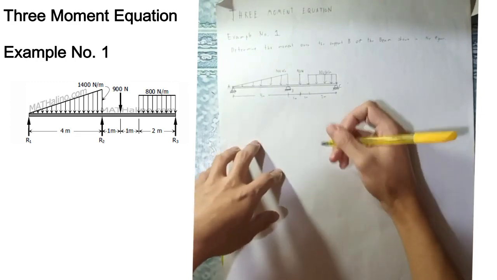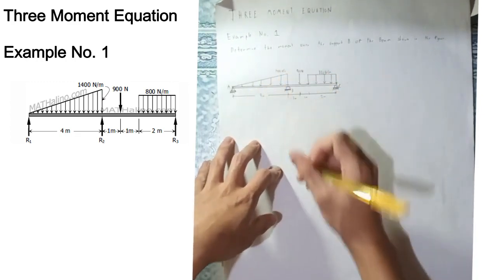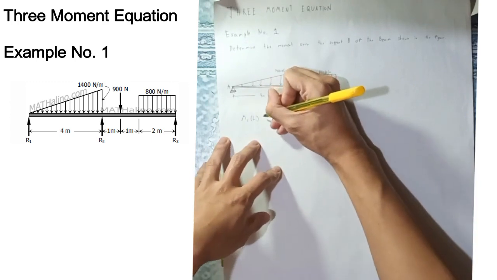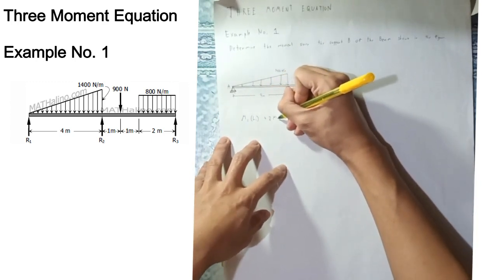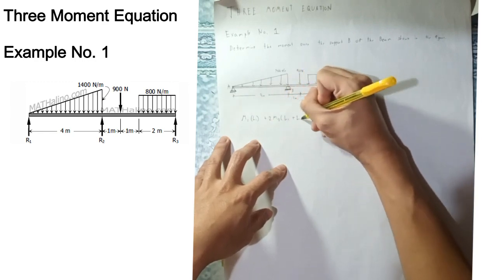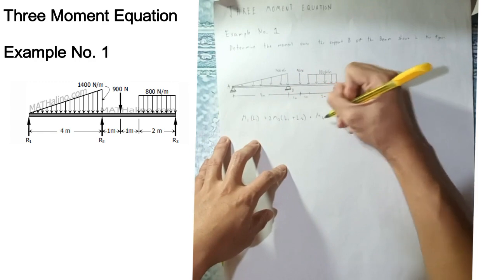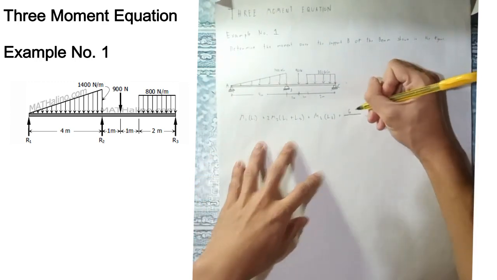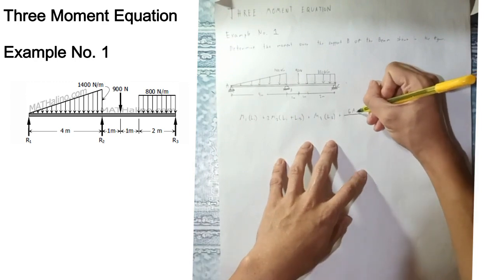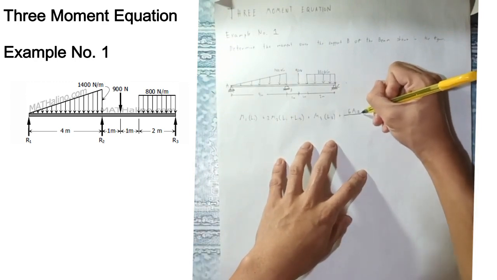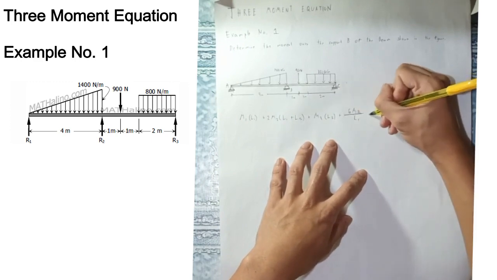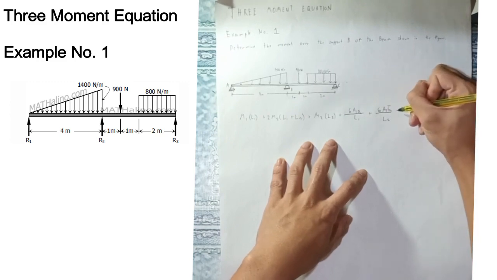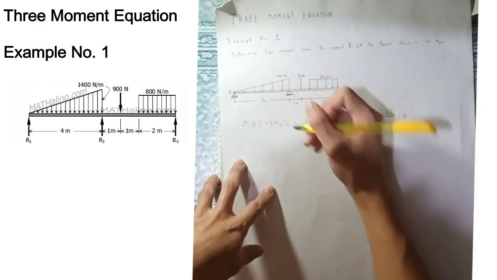First, we use the formula, the three-moment equation: M1 times L1 plus 2M2 times L1 plus L2 plus M3 times L2 plus 6A1 a bar 1 over L1 plus 6A2 b bar 2 over L2 equals 0.